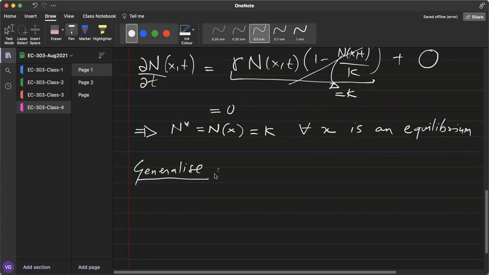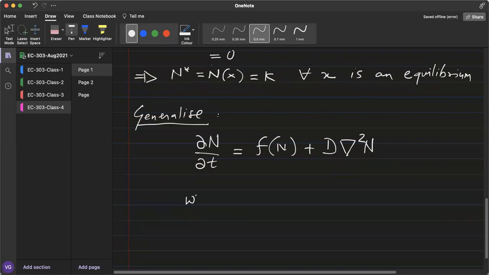We take any model of this form, where delta square is basically, just think of two dimensions.